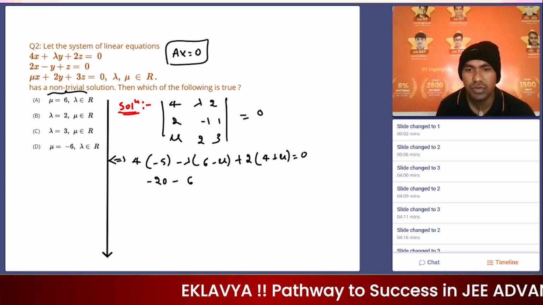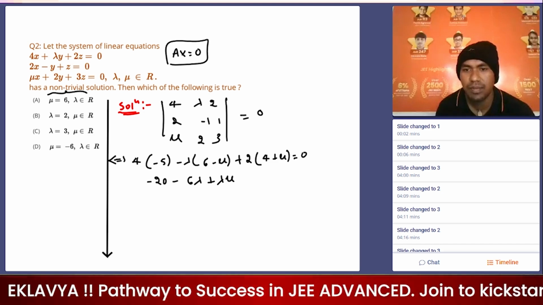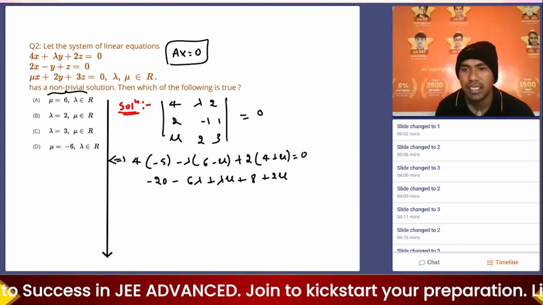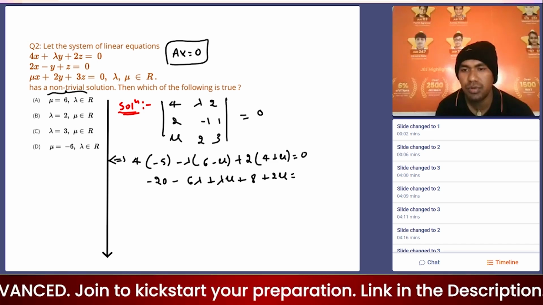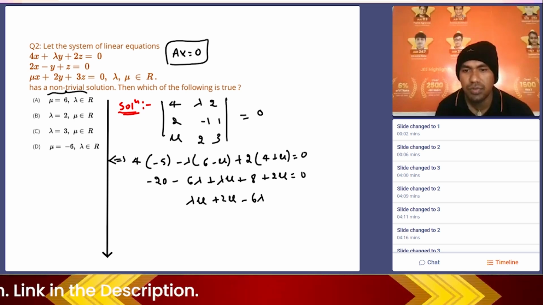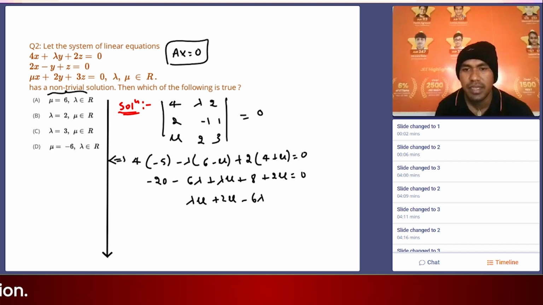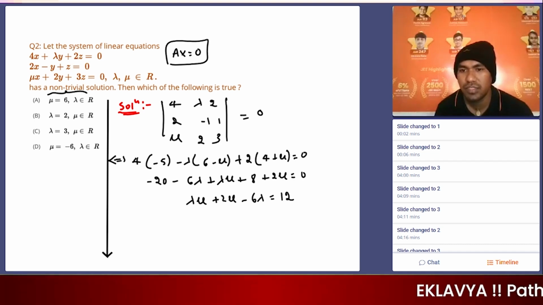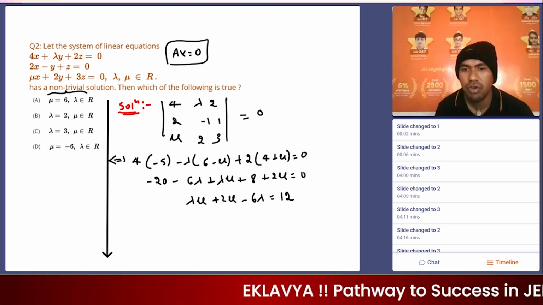Now minus 20 minus 6 lambda plus lambda mu plus 8 plus 2 mu equals 0. So we are getting lambda mu plus 2 mu minus 6 lambda, 8 minus 20 minus 12, which equals 12. Now we got this relation.